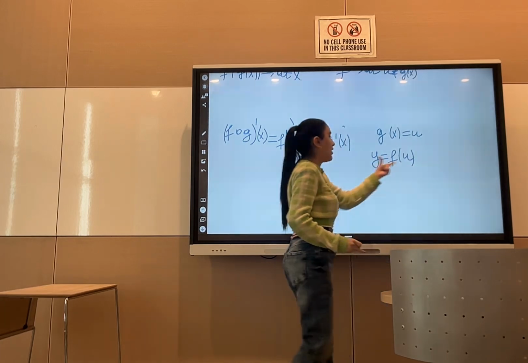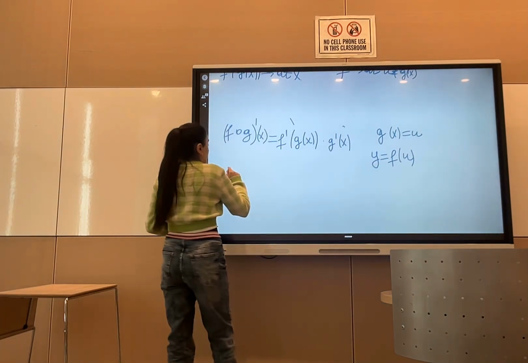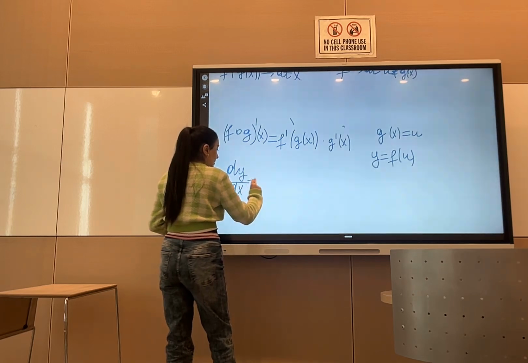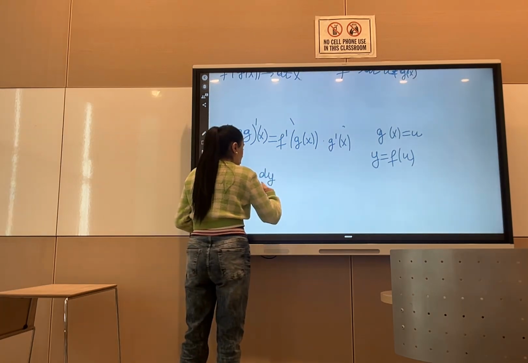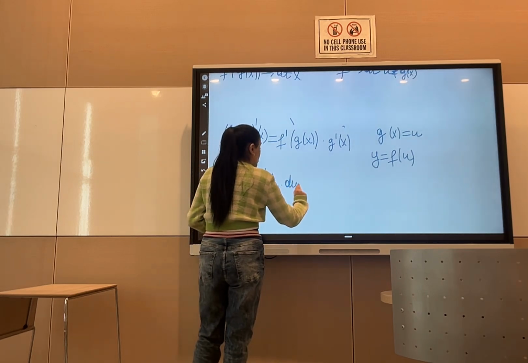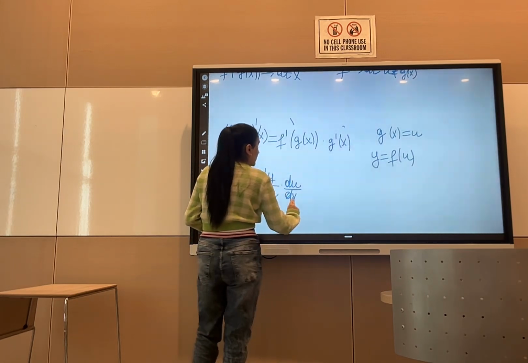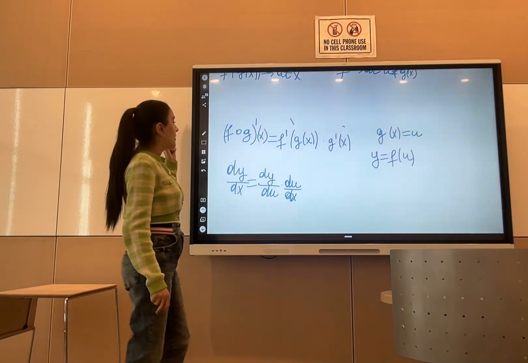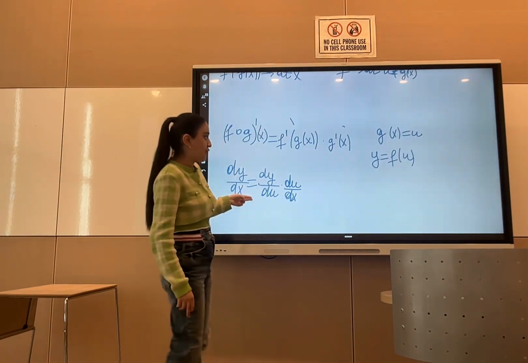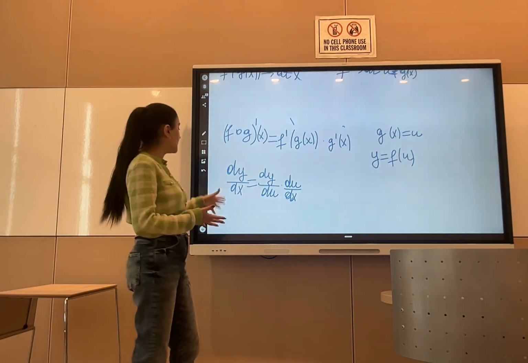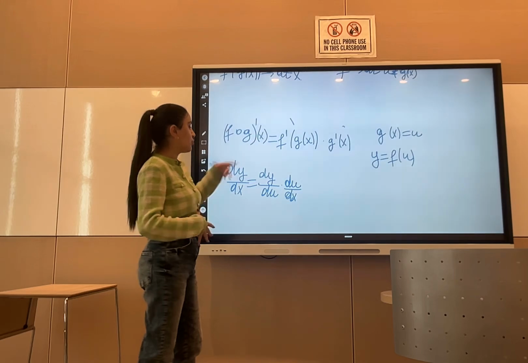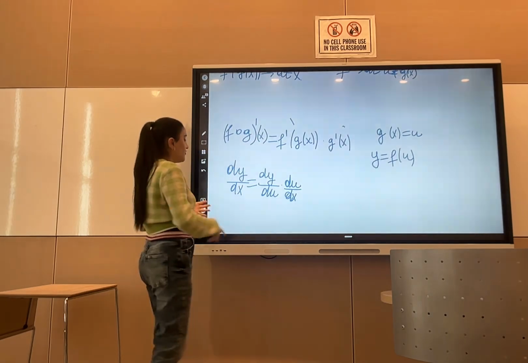If we show f of u as y, dy over dx is dy over du multiplied by du over dx. So they are similar. We can use both of them for finding the derivative, but this makes the rule more obvious.